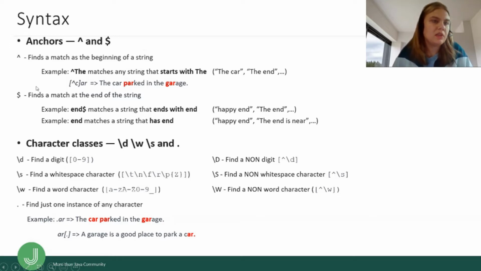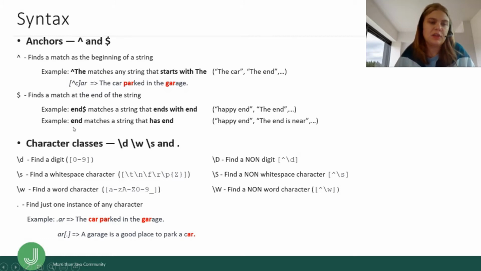And the next is the $ sign. It's kind of the opposite to caret, because it will match if the combination of symbols is at the end of the string. For example, here we expect the word end at the end of the string, and it will match such strings as happy end or the end.